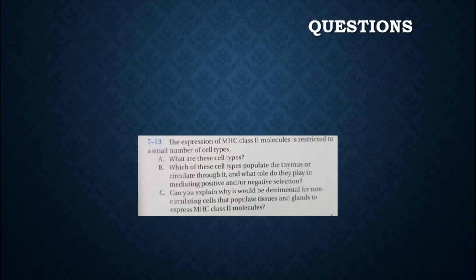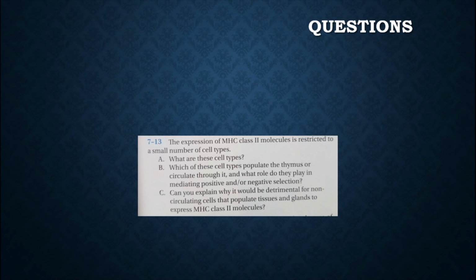This is actually a good question. Does anyone have an idea on C? Did we answer which cells mediate positive and negative? I just want to make sure I say it correctly.